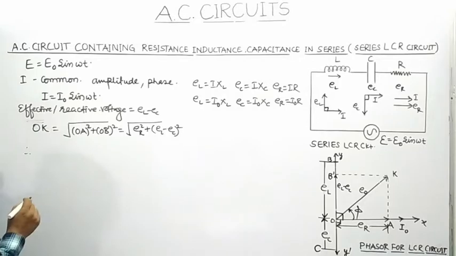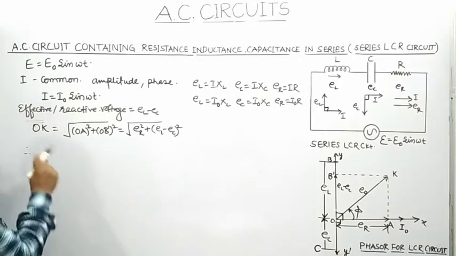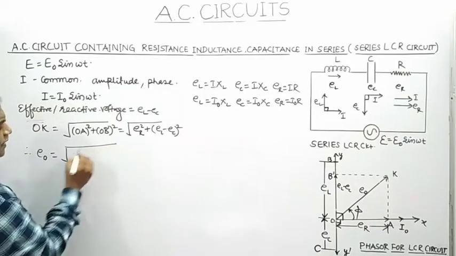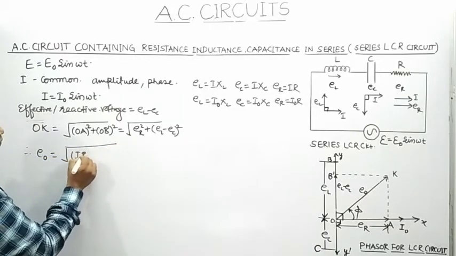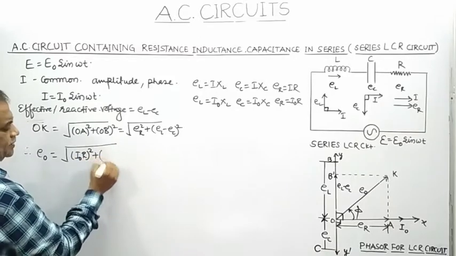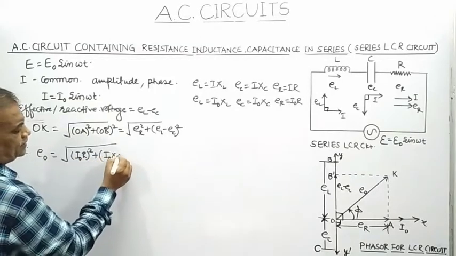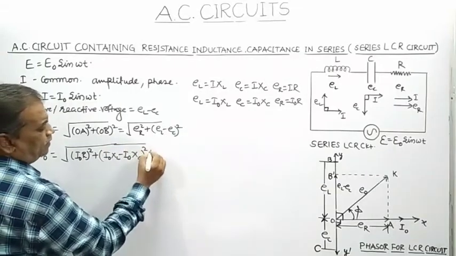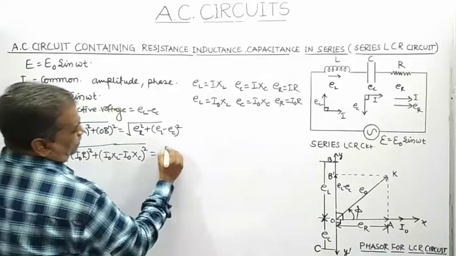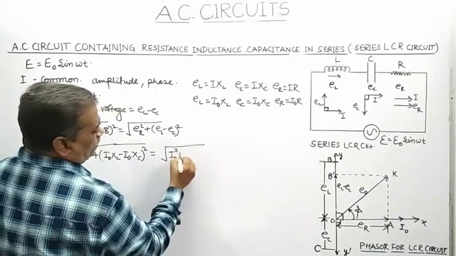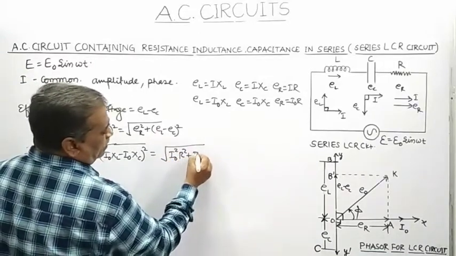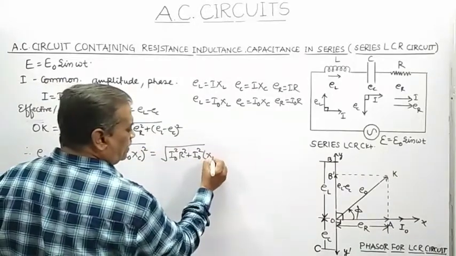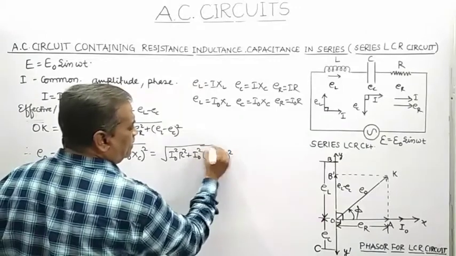So therefore, OK means E0 equal to under root of ER means I0 into R whole square plus EL means I0 into XL, EC means I0 into XC whole square, or that is equal to under root of I0 square R square plus I0 square into XL minus XC whole square.